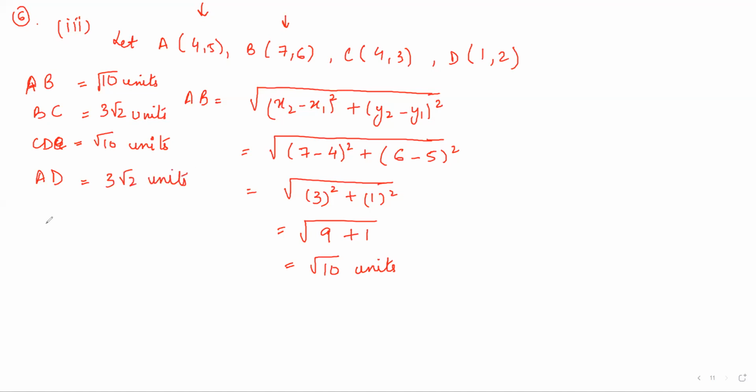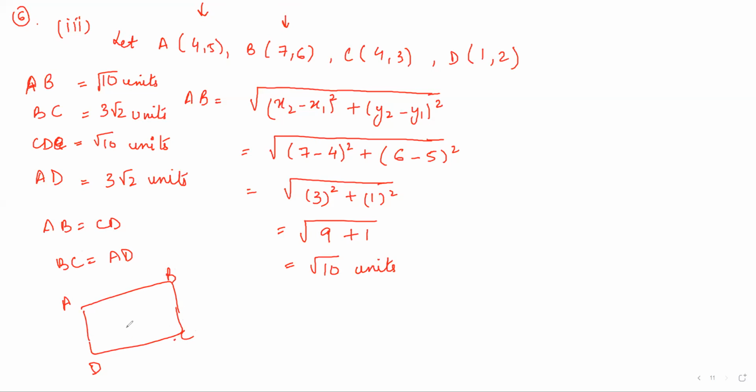So what I'm getting here is AB is equal to CD and BC is equal to AD, right? So two opposite sides are coming out to be equal. If I make a quadrilateral, for example, A, B, C, D, my AB is actually equal to CD and my BC is actually equal to AD.